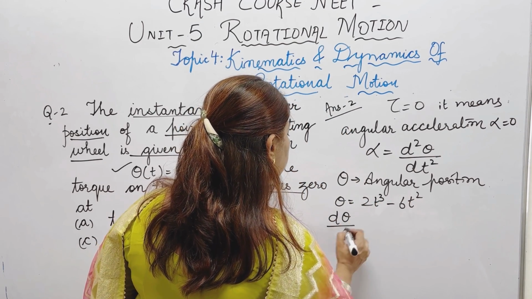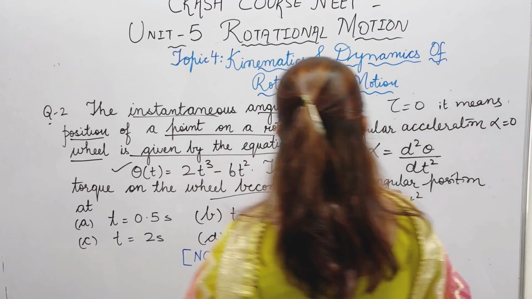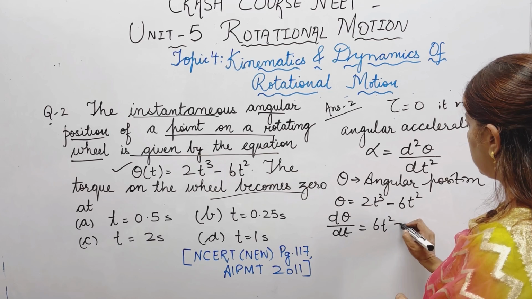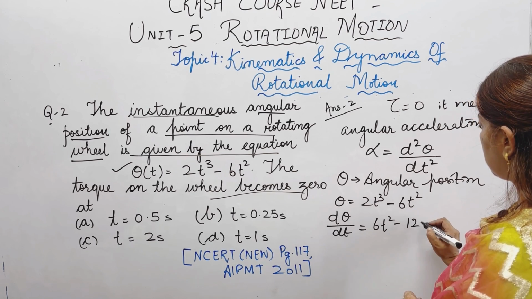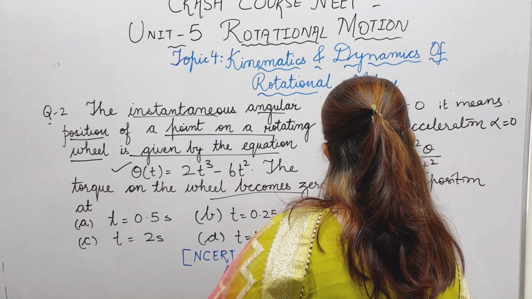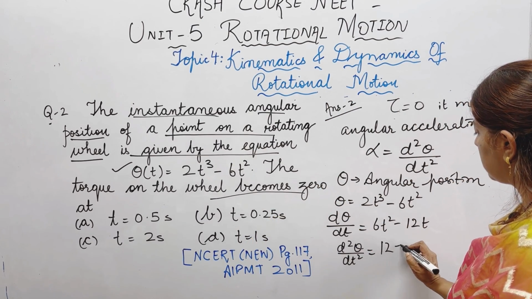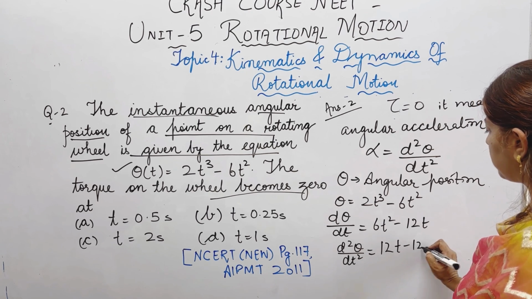So the first derivative is 6t square minus 12t, and the second derivative is 12t minus 12.